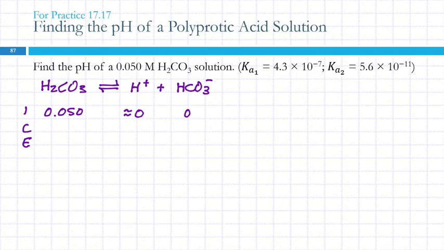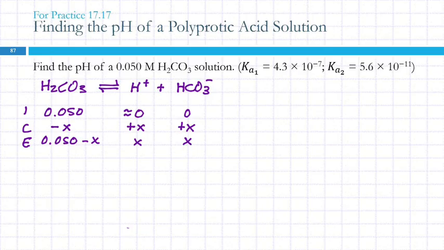Okay, so then we do the change in terms of x. This side has zeros, so that has to be the plus x side, because you can't go down from 0. And this will be minus x. We add those two together, and we get these expressions for the equilibrium concentrations of our reactants and products.